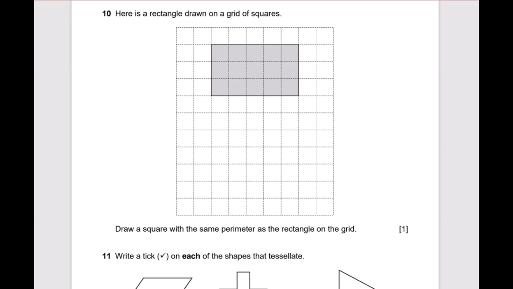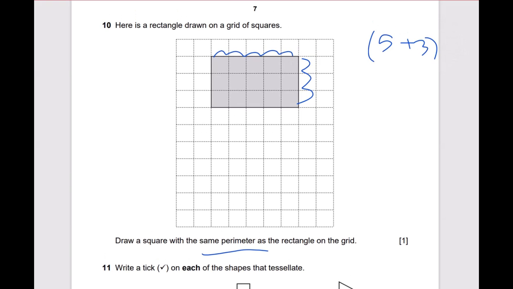Right, let's check the answer, guys. So same perimeter means we have 1, 2, 3, 4, 5 units, and 1, 2, 3. So 5 plus 3 is 8, times 2 is 16. We have 16.